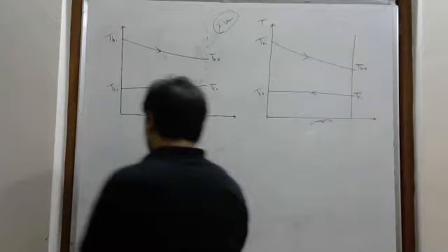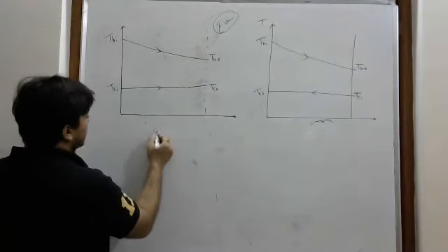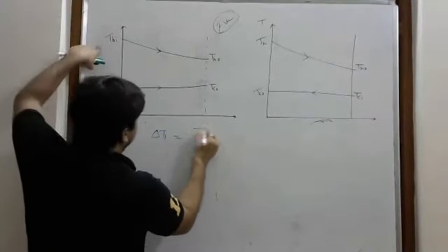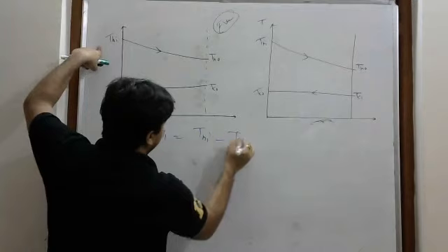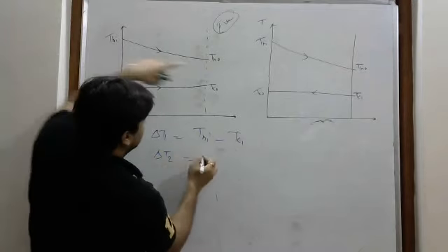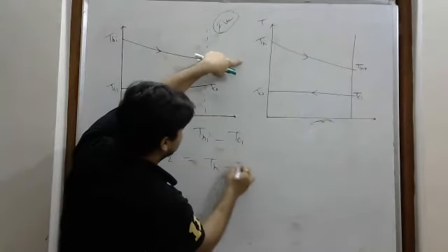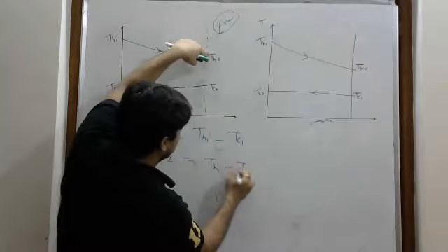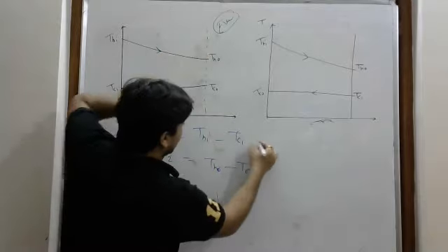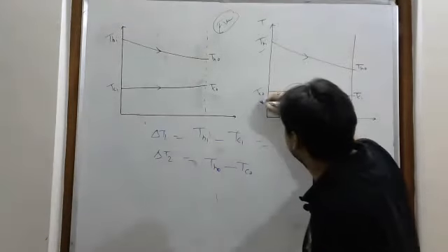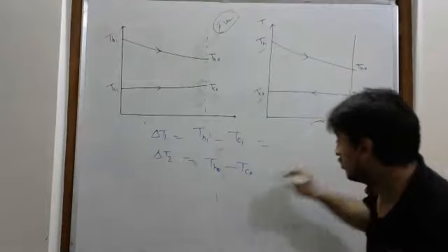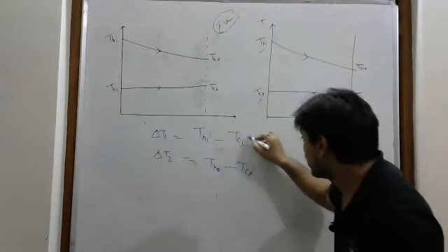Because see, what is del Tm? Del T1 equal to THI minus TCI. Del T2 equal to THO minus TCO. For this case, THI minus TCO, and TCI equal to TCO. The values of TCI and TCO are both the same.